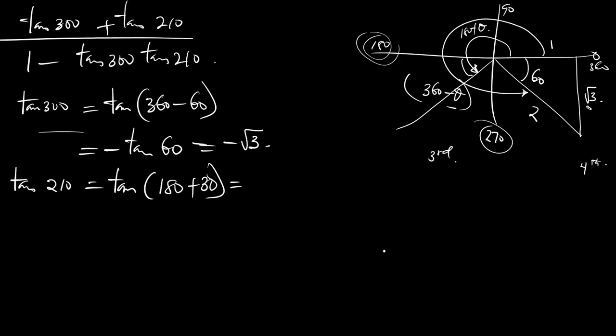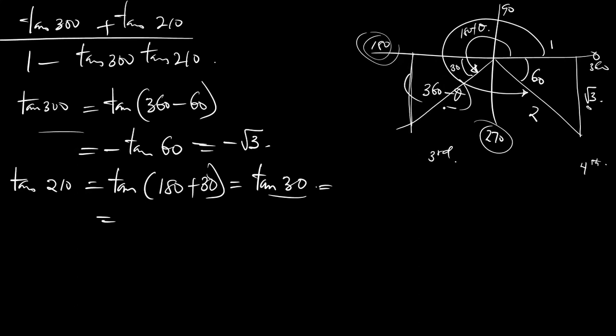Now, at the third quadrant, tan is positive. So you have tan 30. And you know tan 30, here the angle is 30.